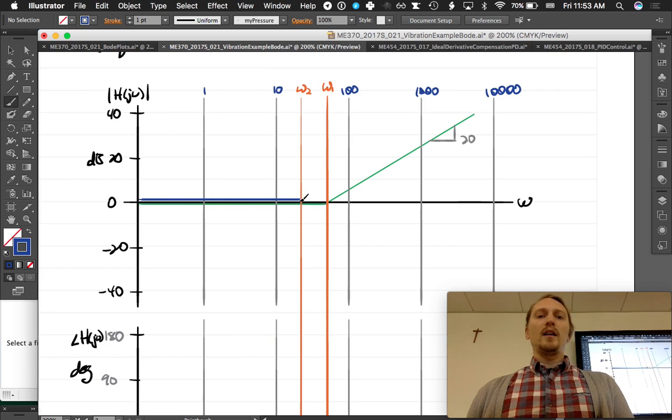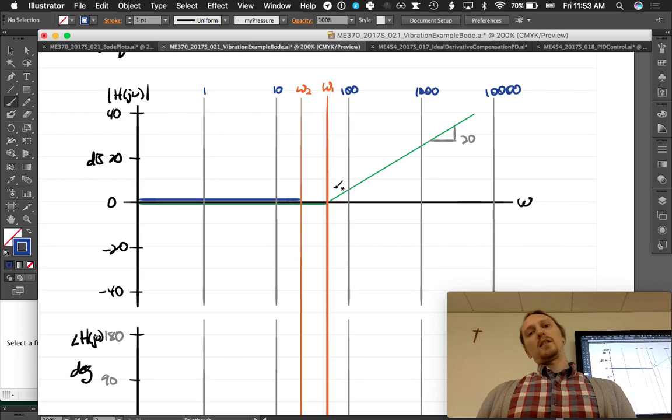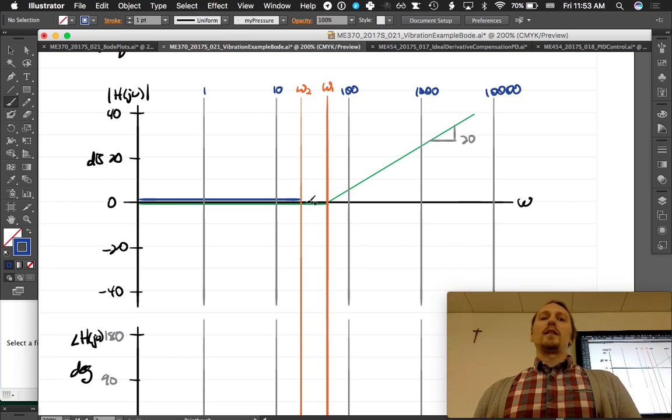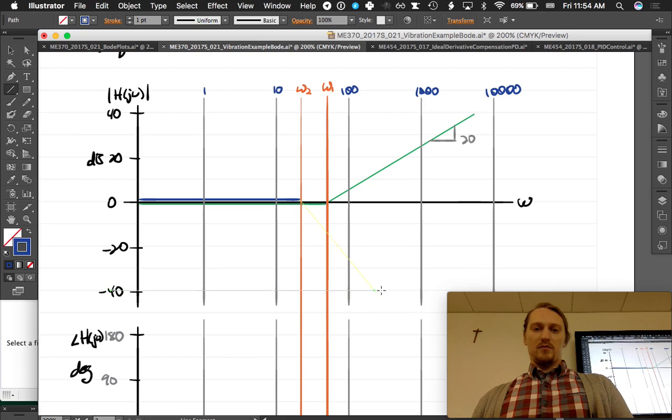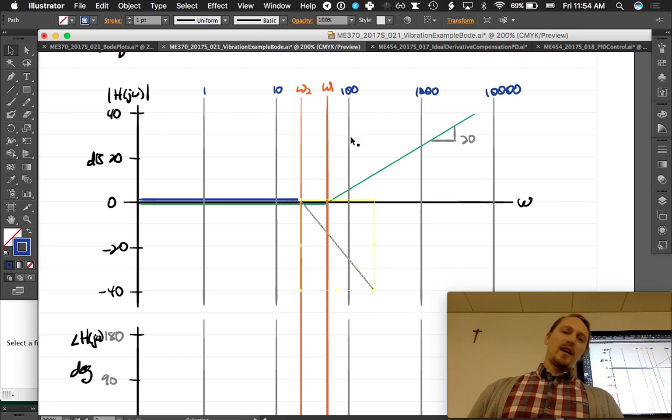And then what happens there? Well, it goes negative at -40 dB per decade, right? So in 1 decade, which is about here, it's -40 dB. Oh wait, no. This is 1 decade. Approximately. Somewhere right there. About there. All right.